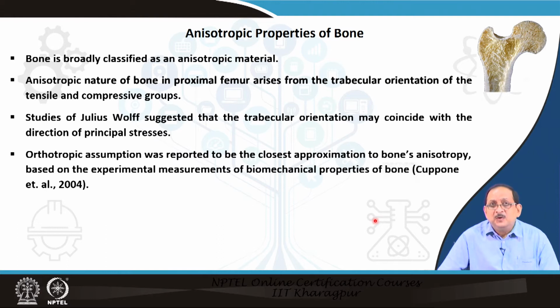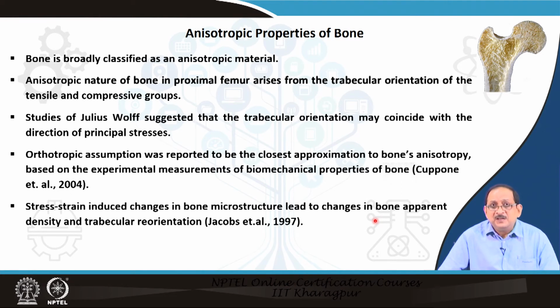Orthotropic assumption was reported to be the closest approximation to bone anisotropy based on the experimental measurement of bone mechanical properties. Stress-strain induced changes in bone microstructure lead to changes in bone apparent density and trabecular reorientation.